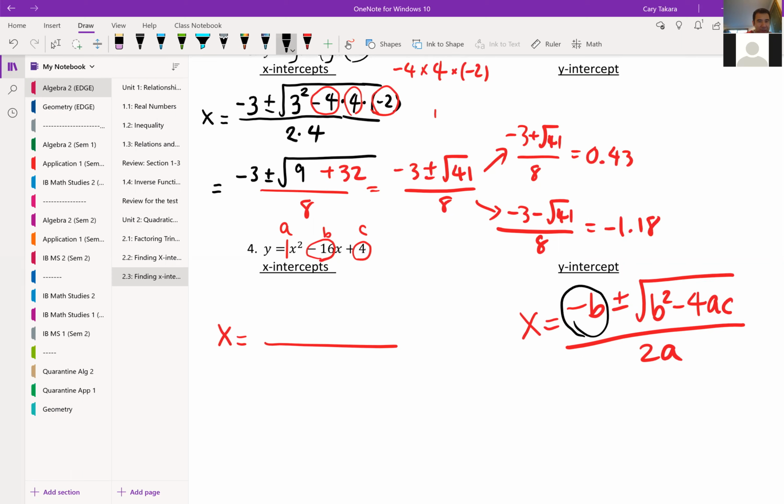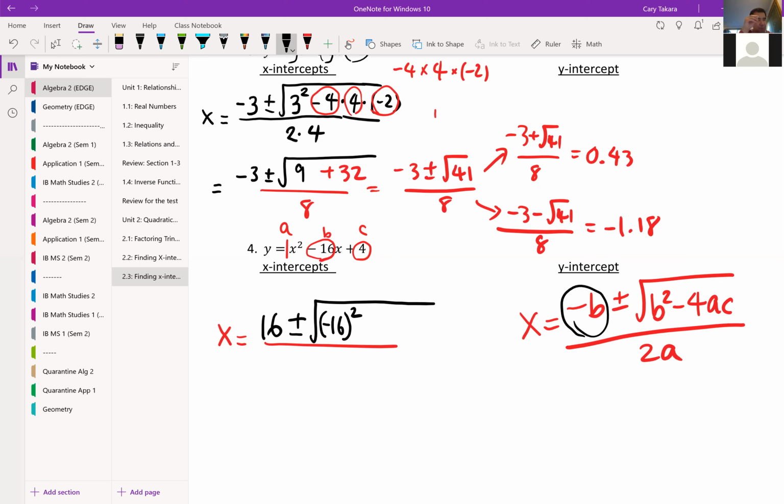So it's going to be positive 16. Do you have that? Plus or minus square root of B squared. So you want to put parentheses, B, negative 16 squared.